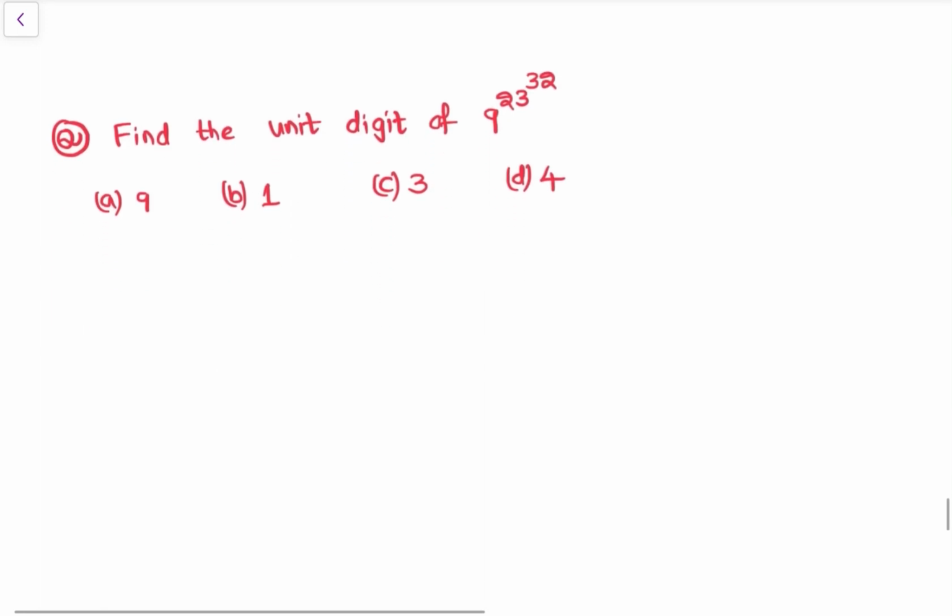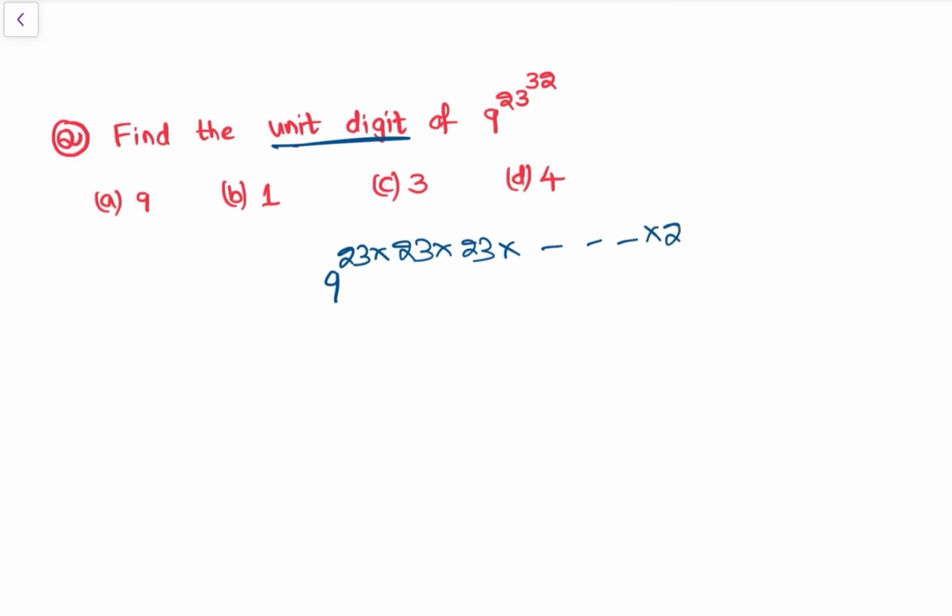So let's see one more question. The unit digit of 9 to the power 23 into 23 into 23, and so on, 23 written 32 times. This expression is divided by 4.